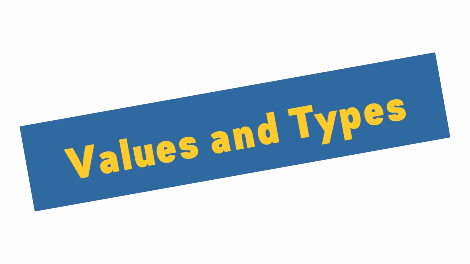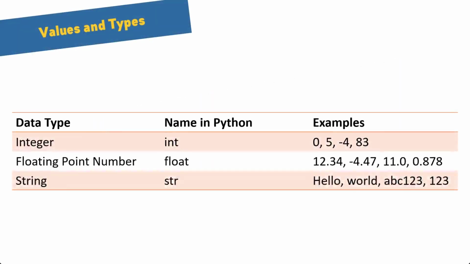Now further, every value in Python has a type, which is basically a classification for, well, what type of data it is. For example, a number with no decimal component is called an integer. Now the official name for this data type in Python is just int, obviously short for integer.